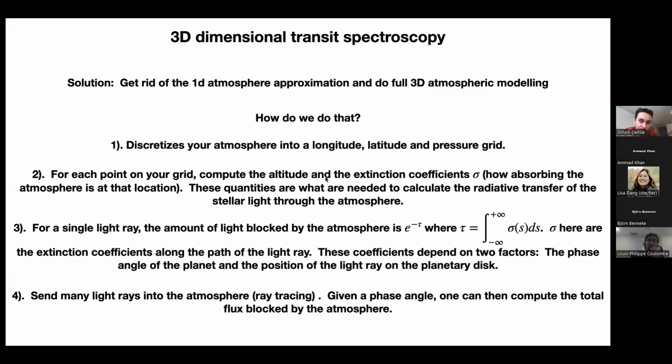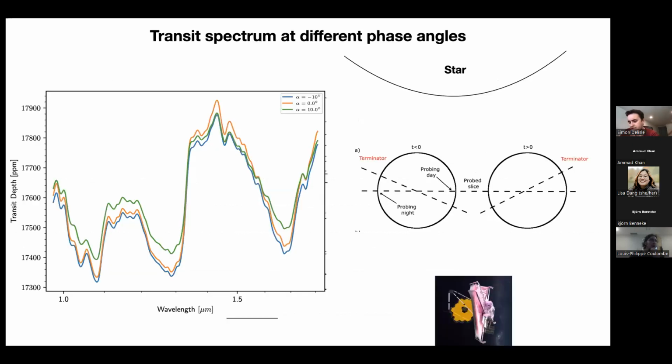This is not the case when you do a 1D planet, because since it's uniform in longitude and latitude, the flux absorbed is the same throughout the transit, but this is not the case for a 3D model. So you also need to account for that. And so I'll just show you a couple of plots, some interesting results that we have.